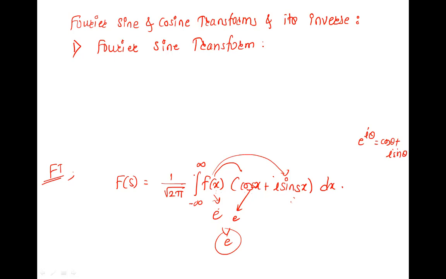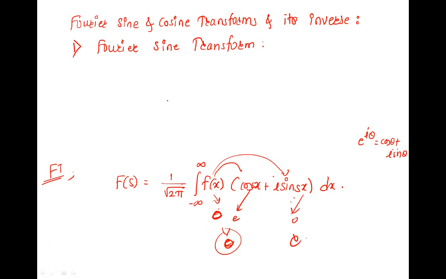We'll see cosine later; we have written sine first. If your function is odd, cos is even, so odd into even is odd, and the integral is 0. The second integral remains: odd into odd will be even.